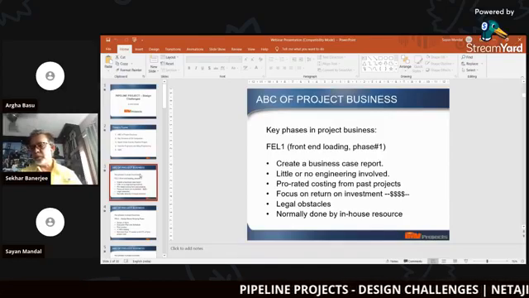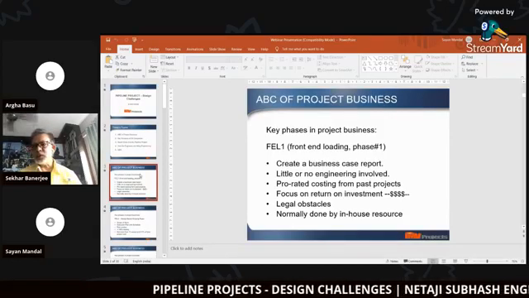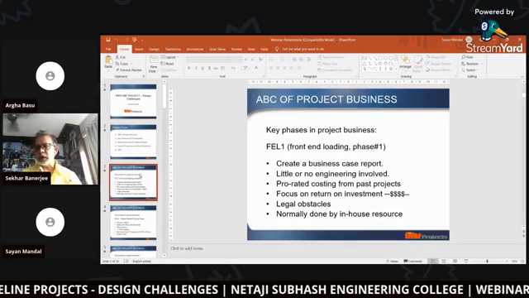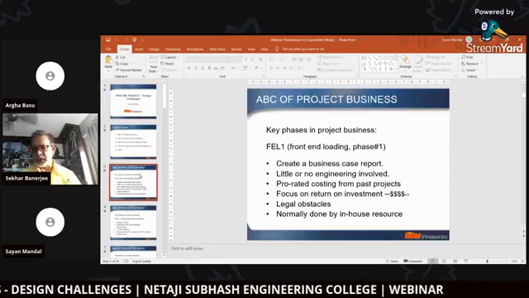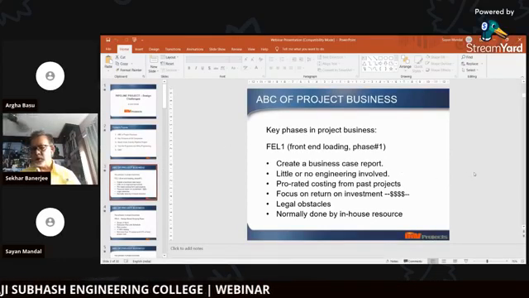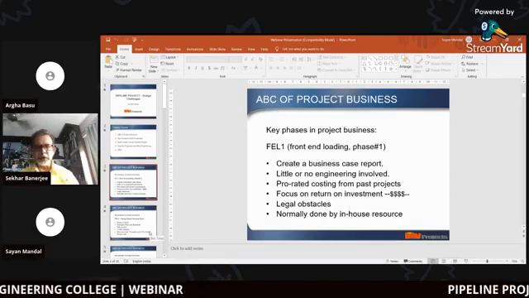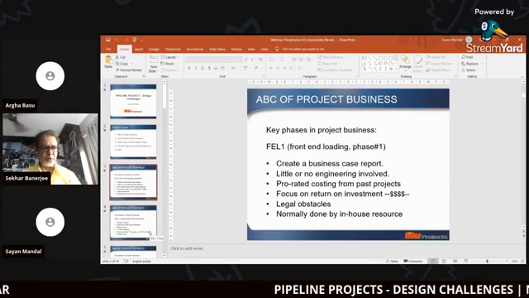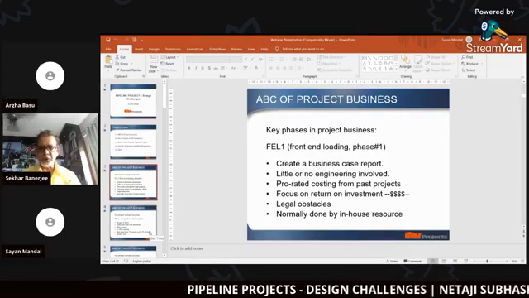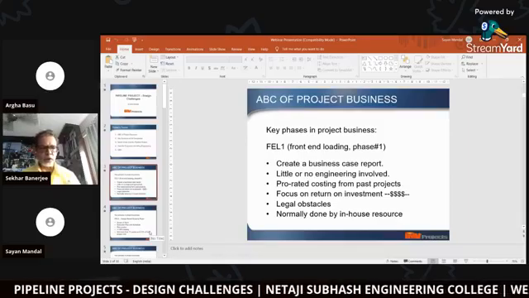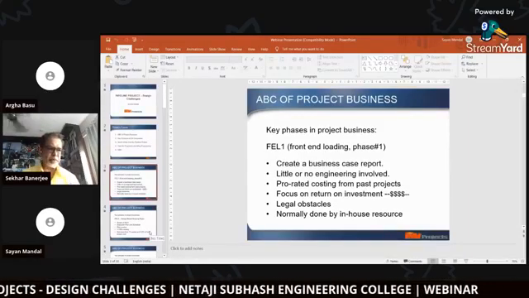The railway board just looks at it and says, okay, let's study this one. That is called the absolute conceptual area, which we normally call FEL 0. From there, FEL means front-end loading of a project. So FEL 1 becomes phase 1 of the front-end loading, or the project business first step.